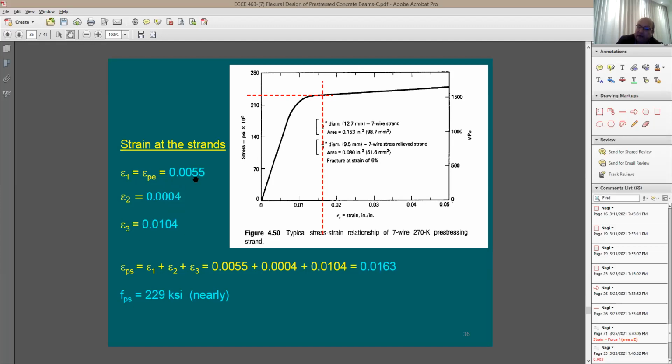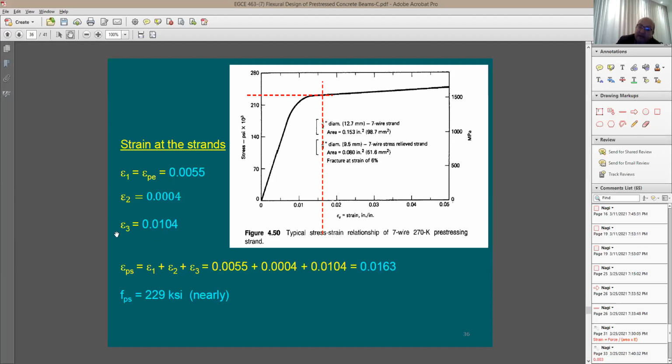And now, because the concrete itself is going to be compressed, right? Now you put some compression on the concrete, and the concrete wants to come back because it has some resistance. And the amount of strain is going to be 0.004, which you just calculated a few slides back.